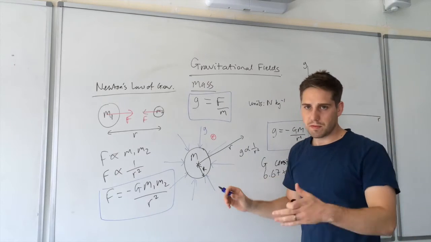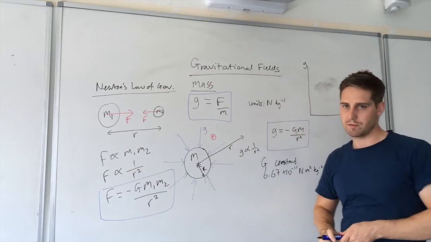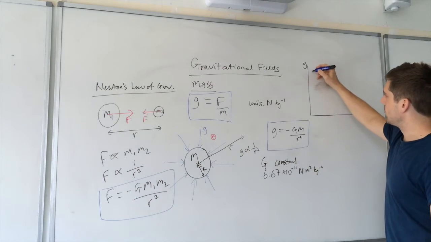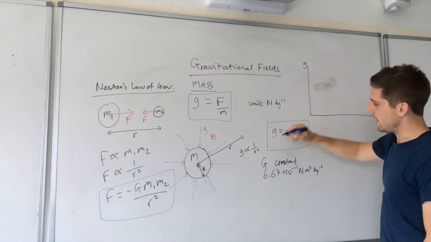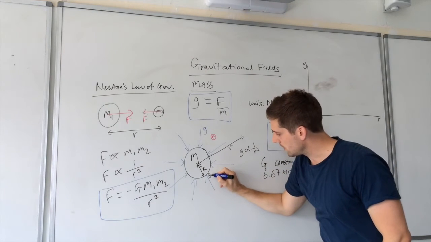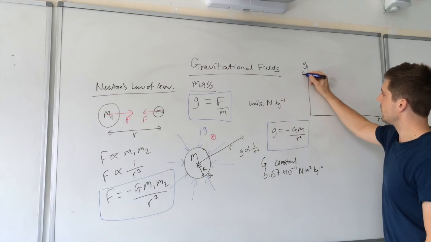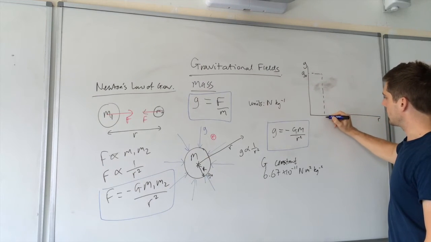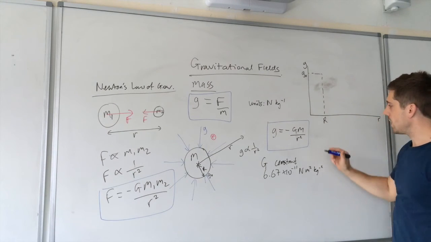When we're dealing with things like planets, then we'll just talk about an average radius. But this is for objects of mass. At r, this would have a value of g0, I'm going to say. So g0 occurs at the radius r.